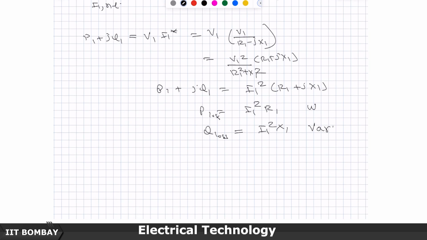So, from my instrumentation, let's say I have measured the line current and the voltage.